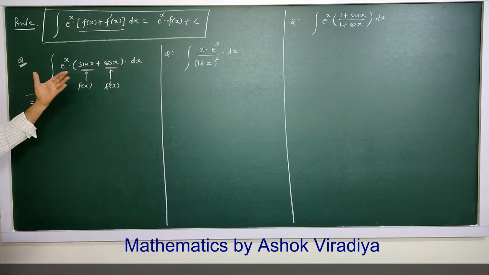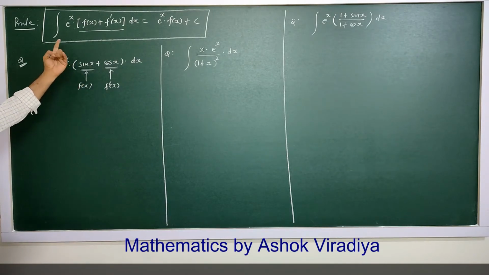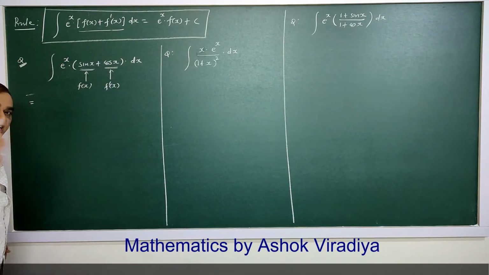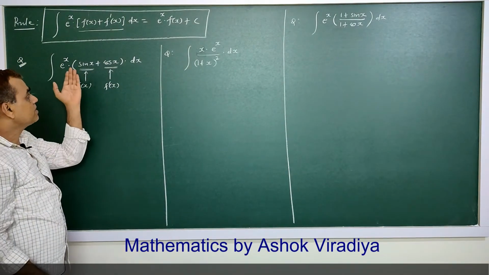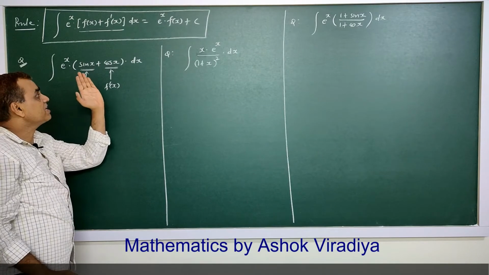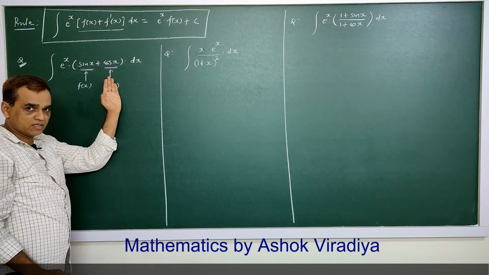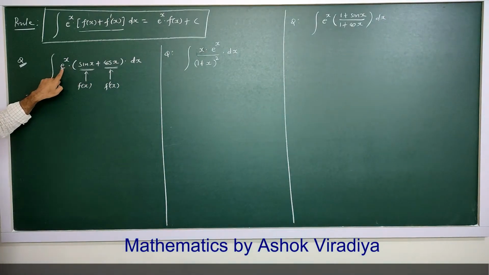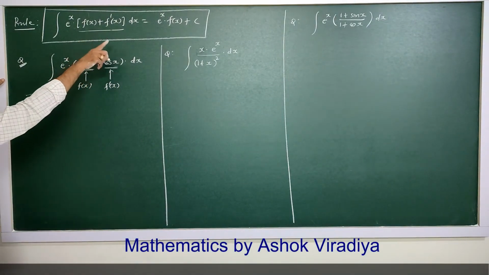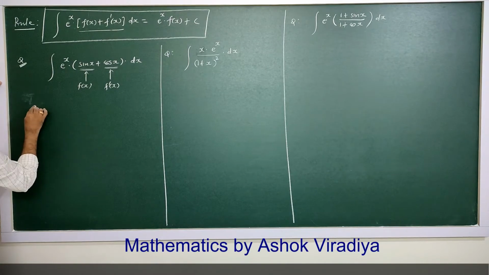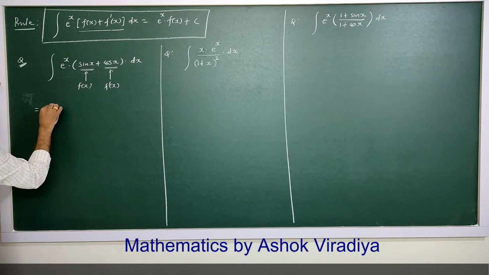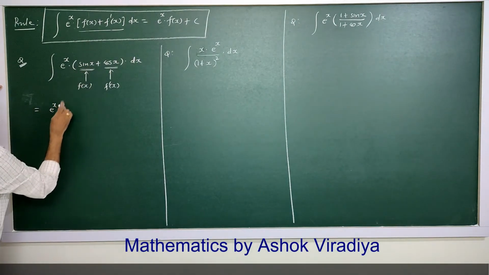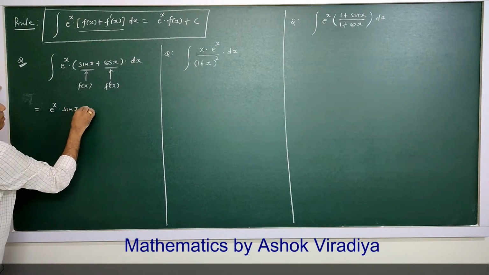So you can match this function with this pattern, e raised to x into fx plus f dash x. So whenever, besides fx, its derivative is given in bracket, and here into e raised to x is given, then by this rule its integral is e raised to x into fx. So e raised to x into fx plus c.